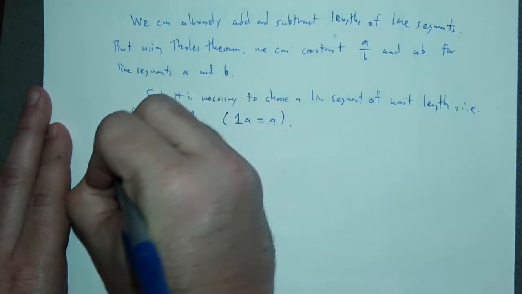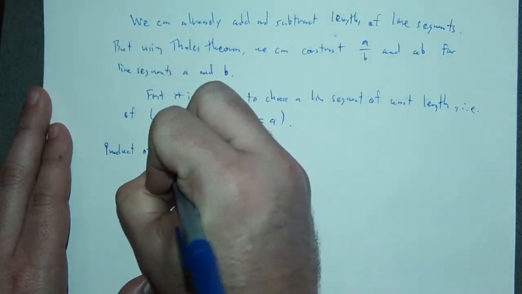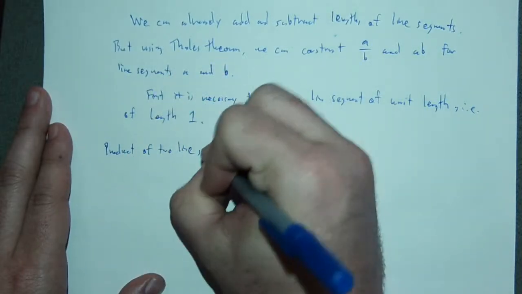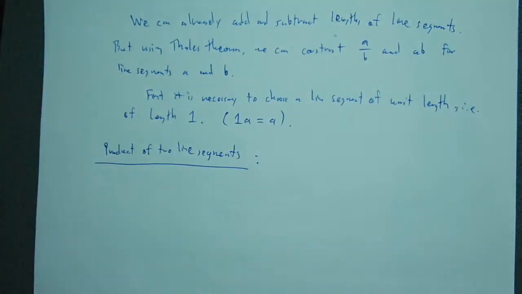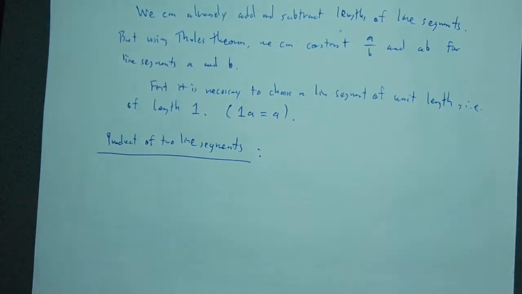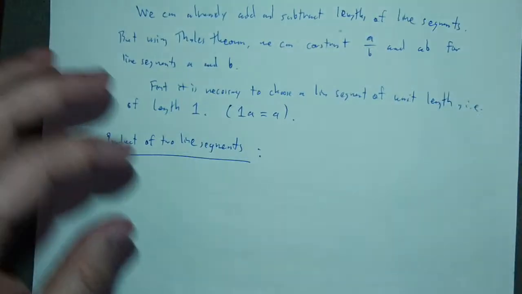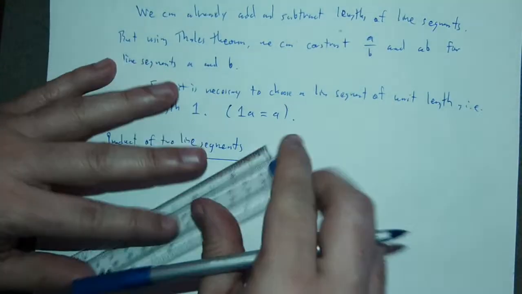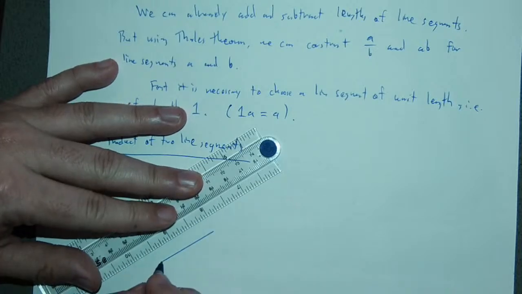So then to construct the product of two line segments, how do I do this? Well, first I have a triangle constructed that looks like this.